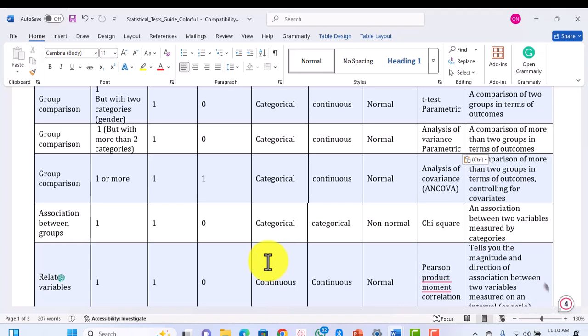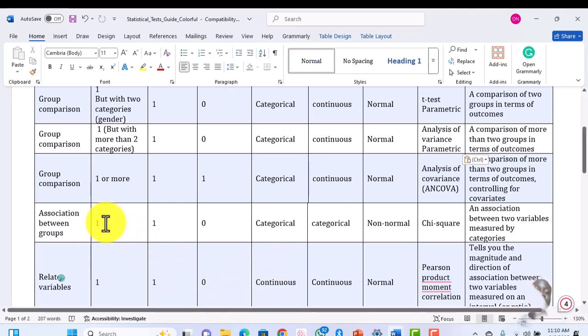Let's assume ethnicity is divided into three: Hausa, Yoruba, Igbo, and socioeconomic status is also categorized into high, medium, low. So the dependent variable is the socioeconomic status, and it is divided into three. Then the independent variable is the ethnicity. So we want to check whether ethnicity affects socioeconomic status. You can see that both of them are categories.